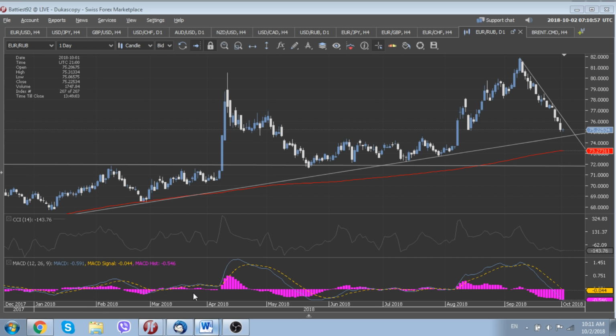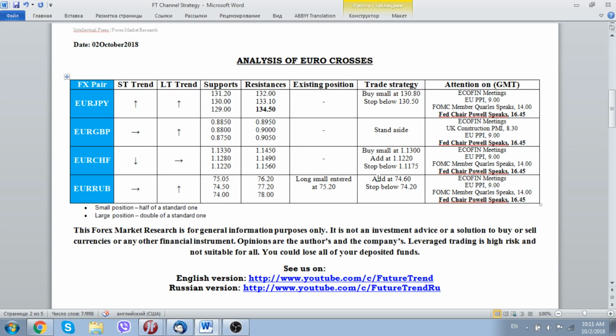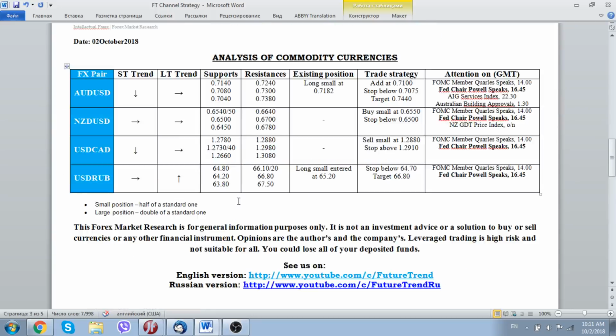As regarding our positions in the Russian ruble, in euro ruble, for example, we entered a small long position at 75.20, and we are ready to add to the existing position at 74.60 with a stop below 74.20. And as regarding dollar ruble, here also we entered a small long position at 65.20.